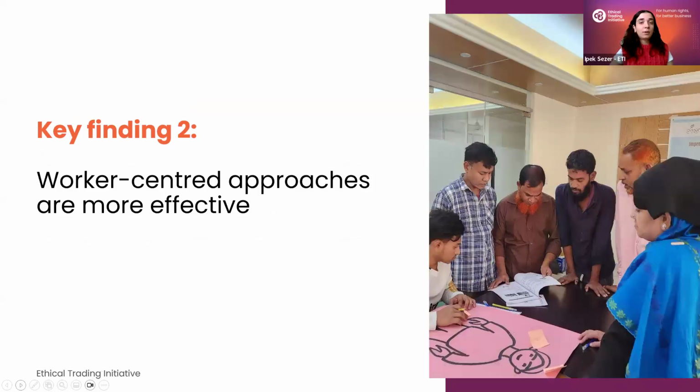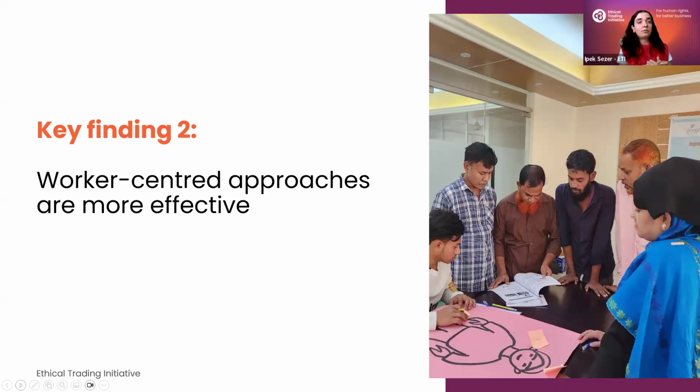Another finding across the projects was that worker-centered approaches tend to be much more effective. Managers alone can miss risks that workers immediately identify. This was especially visible when using tools such as body mapping, hazard mapping, and worker-centered risk assessments.